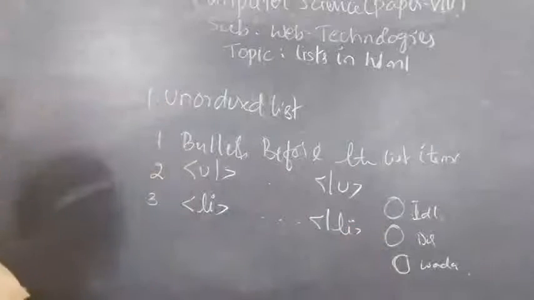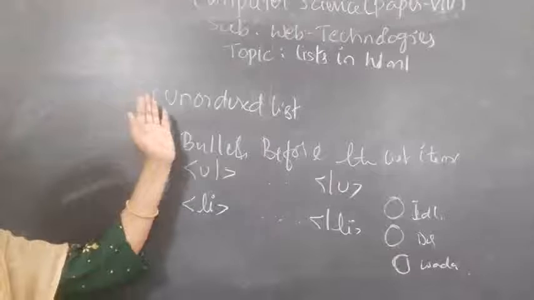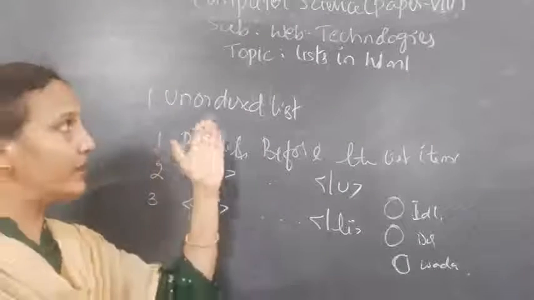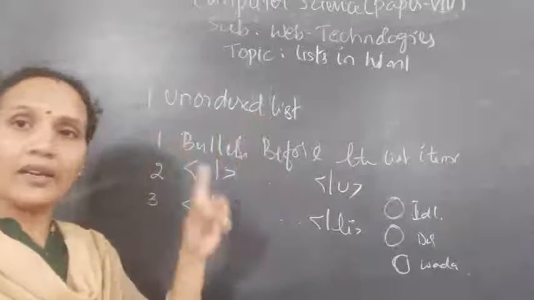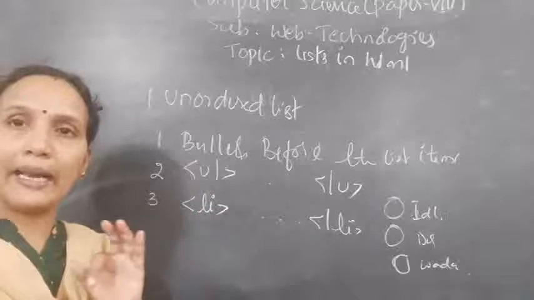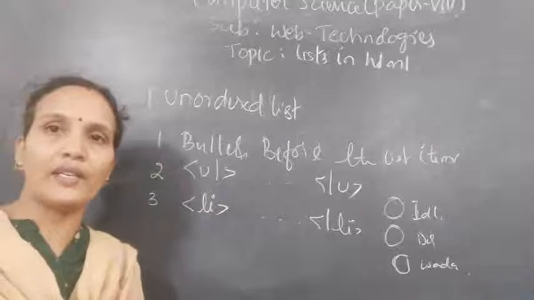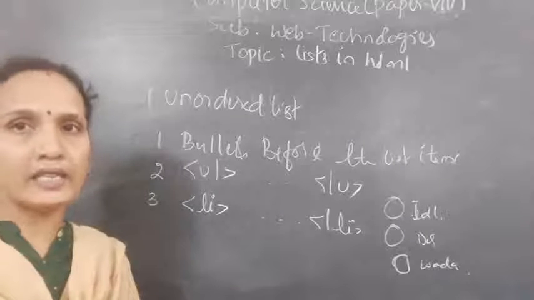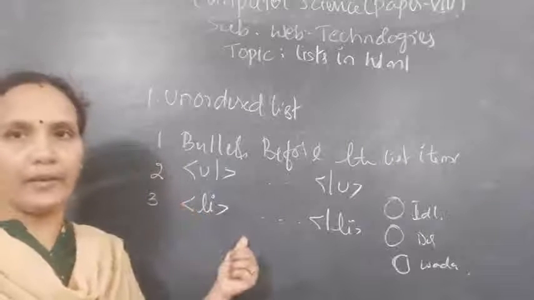That's it. Okay, so we use an unordered list where you don't want to follow a sequence. And an unordered list is also called a bulleted list. It starts with the UL opening tag and ends with the UL closing tag, and each list item is preceded with li.